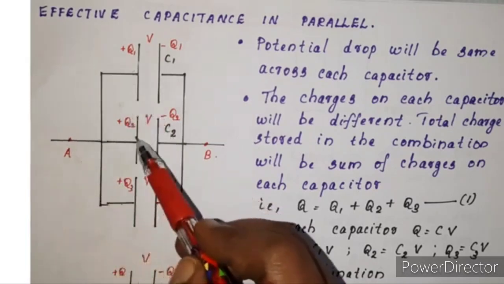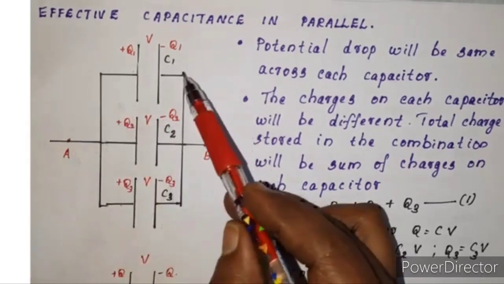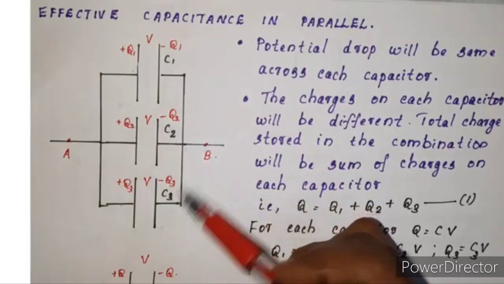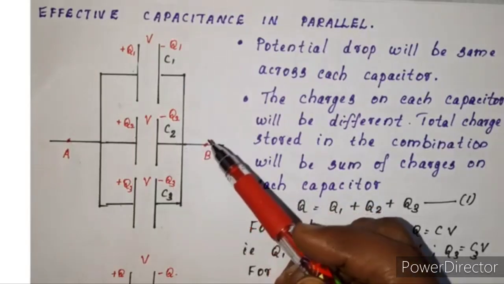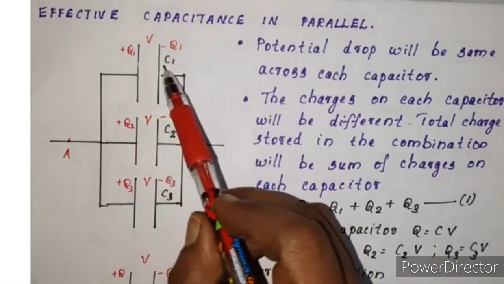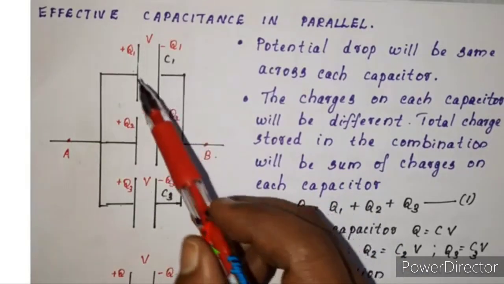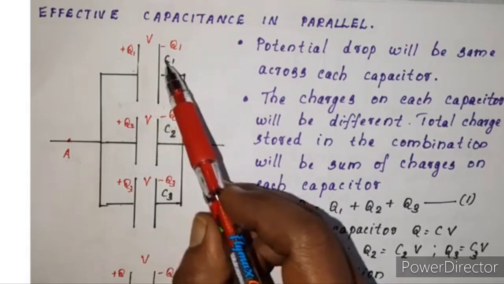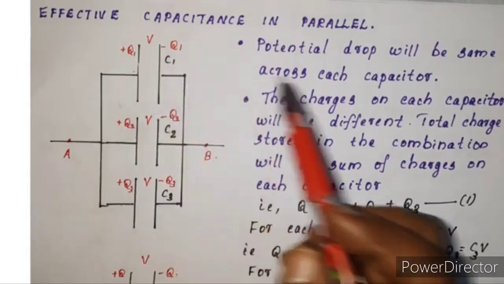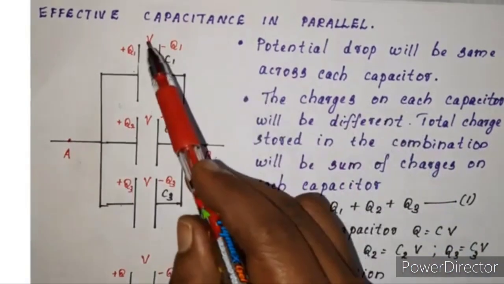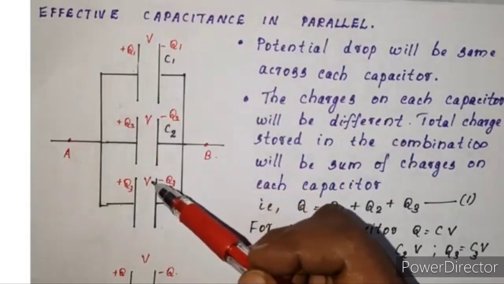These three plates are at the same potential. Likewise, these three are at the same potential. That means the potential difference across each capacitor will be the same when they are connected in parallel. So that's what we have written as V.